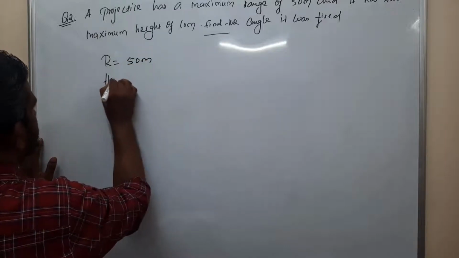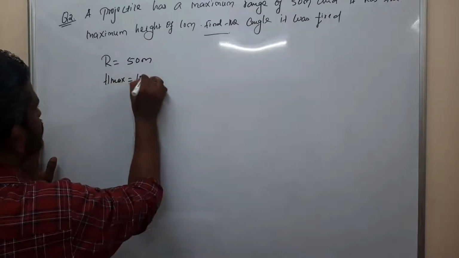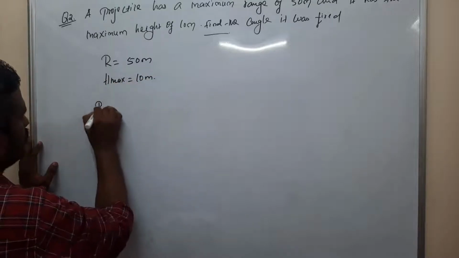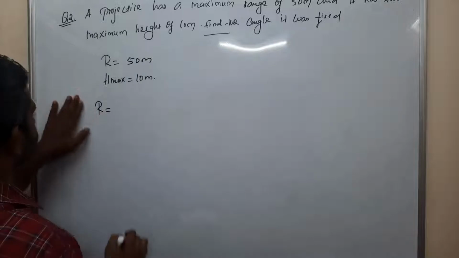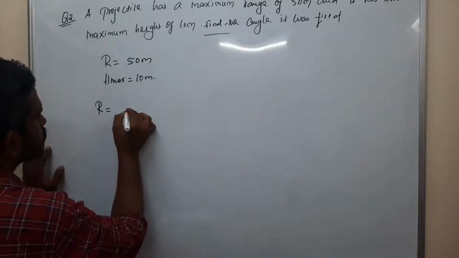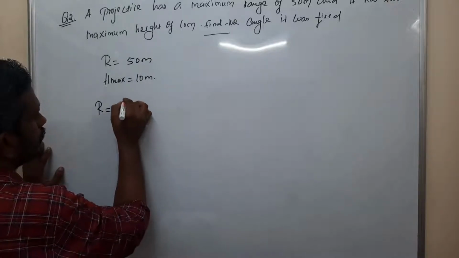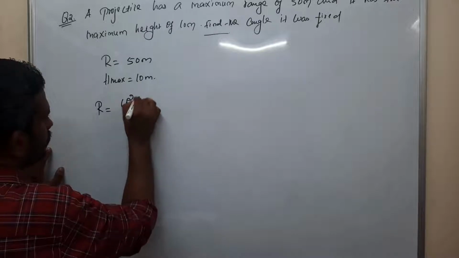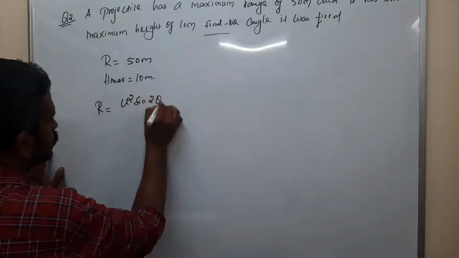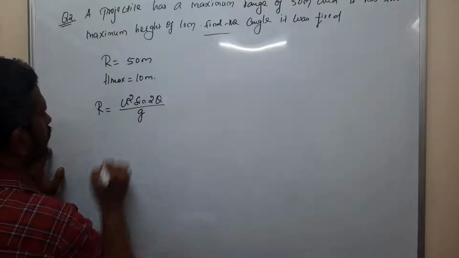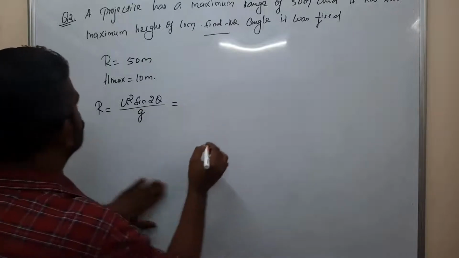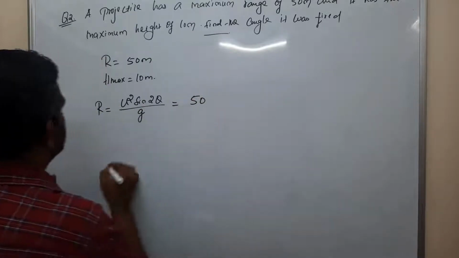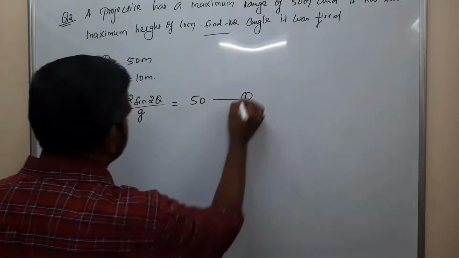H max is given, H max is equal to 10 meter. So range, what is the formula? R is equal to u square sine 2 theta divided by g. So that's equal to 50. Take it as equation number 1.